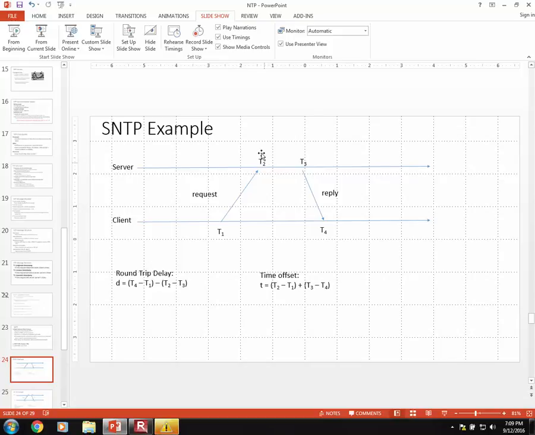It takes the server from T2 to T3 to respond to the request, and then it can send its reply, which is received at the client at time T4. This will result in a round-trip delay of T4 minus T1 minus T2 minus T3, and a time offset of T2 minus T1 plus T3 minus T4.